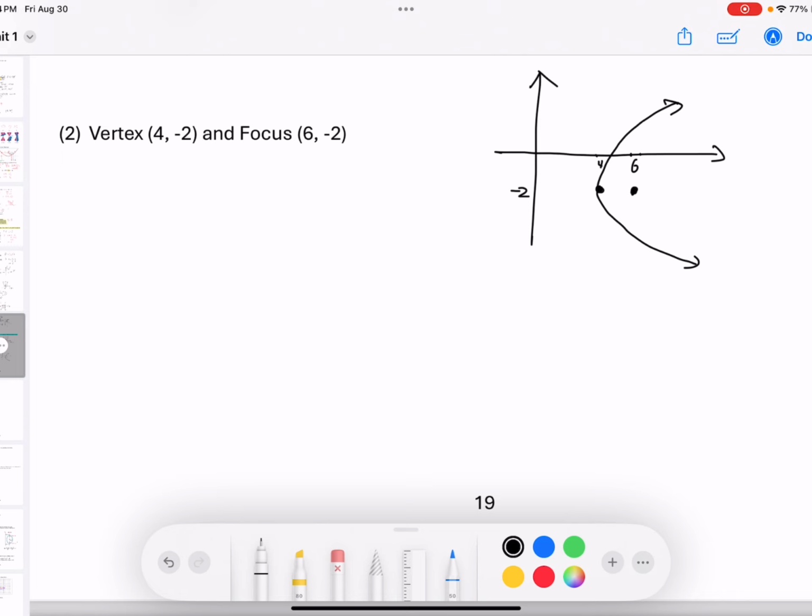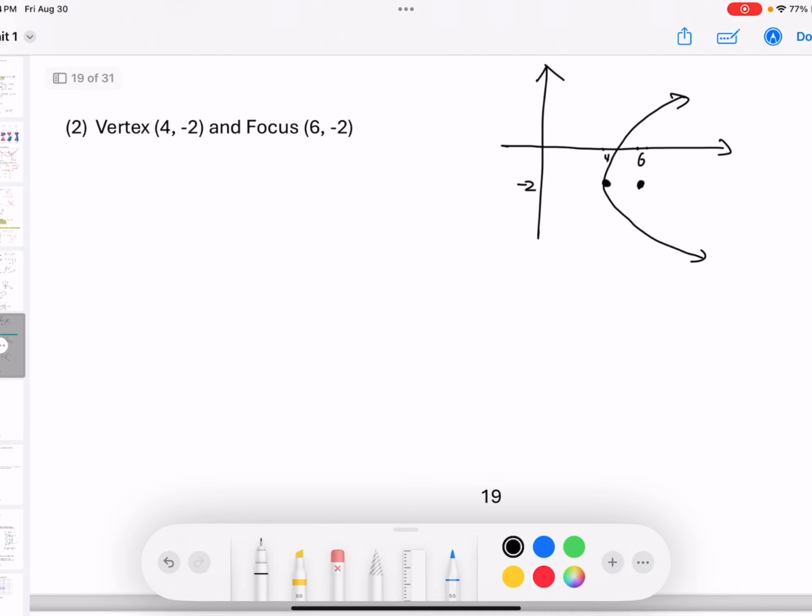That means my equation has the form (y minus k) squared is equal to 4a times (x minus h). Because it's open to the right, a is also positive. And the vertex is (4, -2).